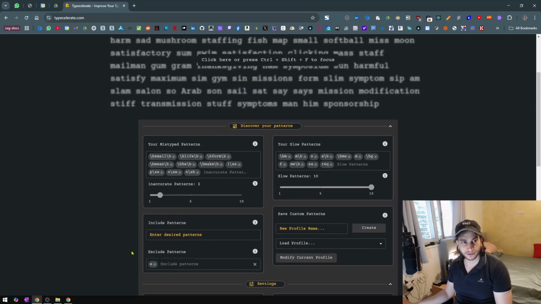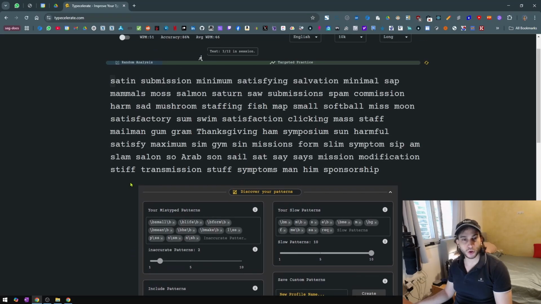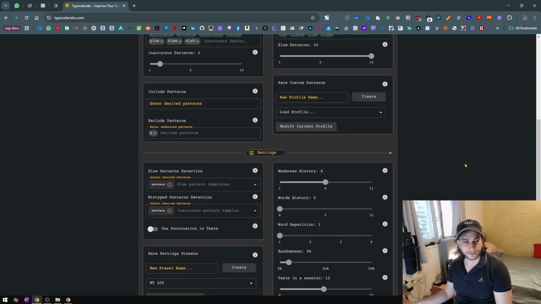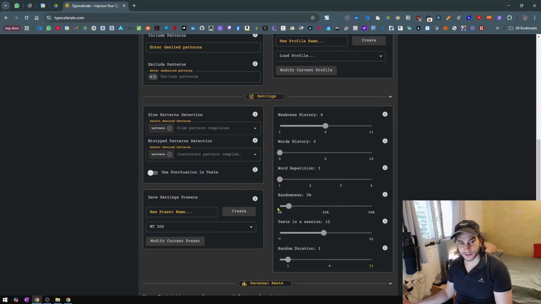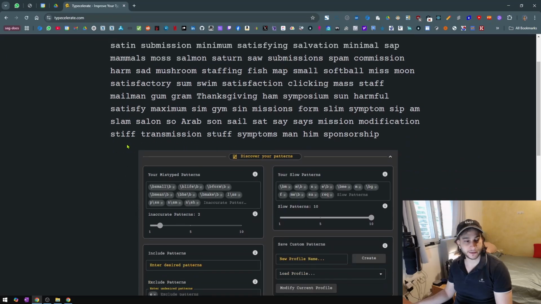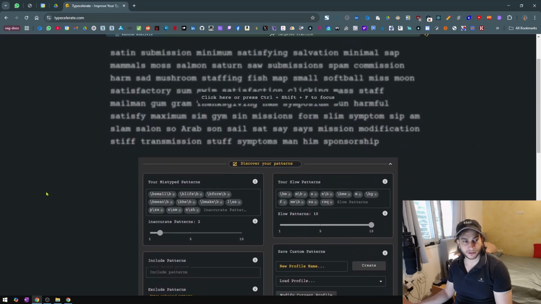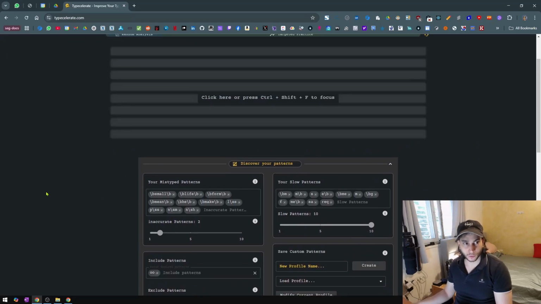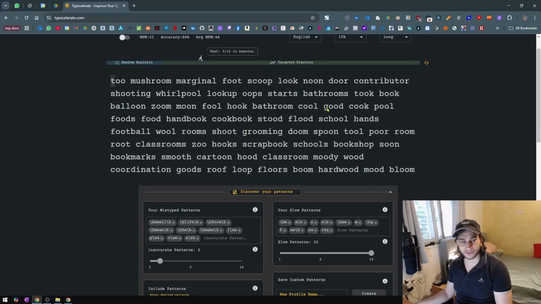I just exclude it, and you won't see the letter E. And if you do suddenly find some word where it does exist, that's probably because of the randomness. I have it on 5% random, and that means there's a 5% chance of a word having the letter E in it. And also we have the include pattern. So for example, if you want to practice double O, we put it right here. And eventually, yeah, we get the test with many double O words.